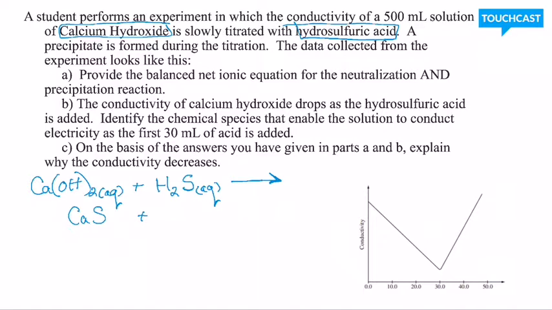Now what's left is the hydrogen in the front of the acid and the hydroxide on the back of calcium hydroxide. So what would a mixture of hydrogen ions and hydroxide ions give you? And this is part of that thing that I told you would be very important to remember. Hydrogen hydroxide is actually water, liquid water.